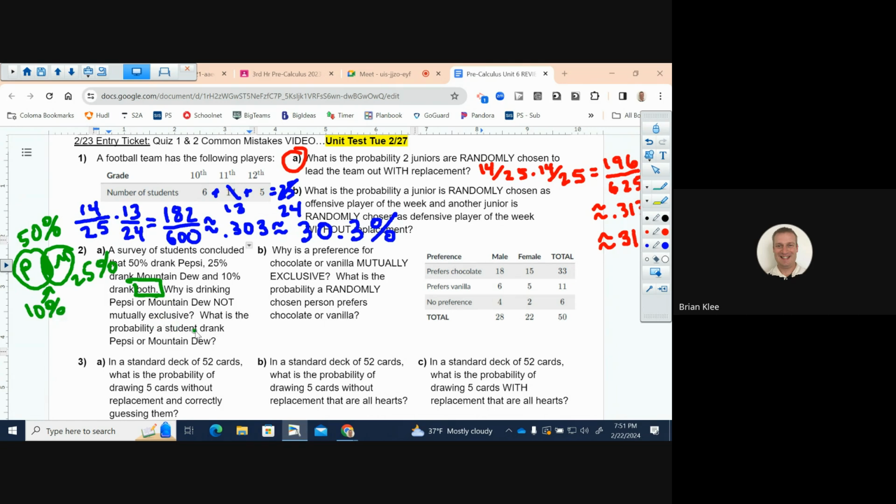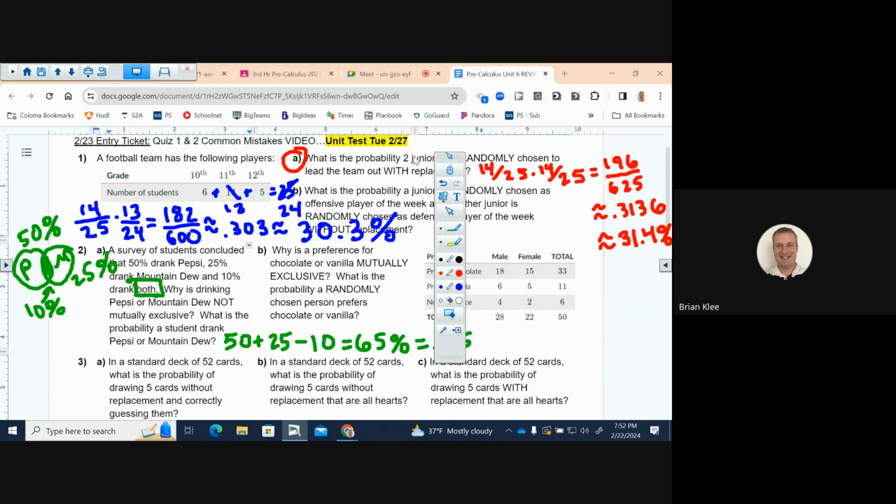So what is the probability a student drank Pepsi or Mountain Dew? If my answer is as a percentage, all right, add the two, but subtract. Don't double count the people that are in both groups. So 50 plus 25, 75 minus 10, 65%. Most likely on Khan Academy, you want to put your answer in as a decimal, 0.65.